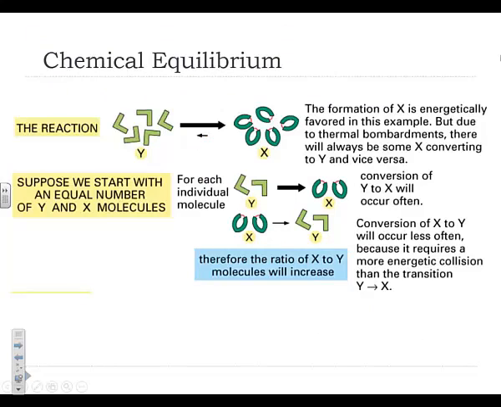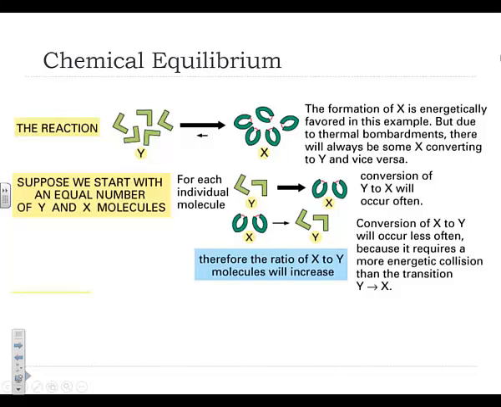Okay, so let's just touch upon chemical equilibrium for a moment. So we know that based on Michaelis-Menten or enzyme kinetics, that substrate concentration has an influence on the rate of reaction. As the substrate is being converted to a product, there's going to be less substrate in the cell, right?